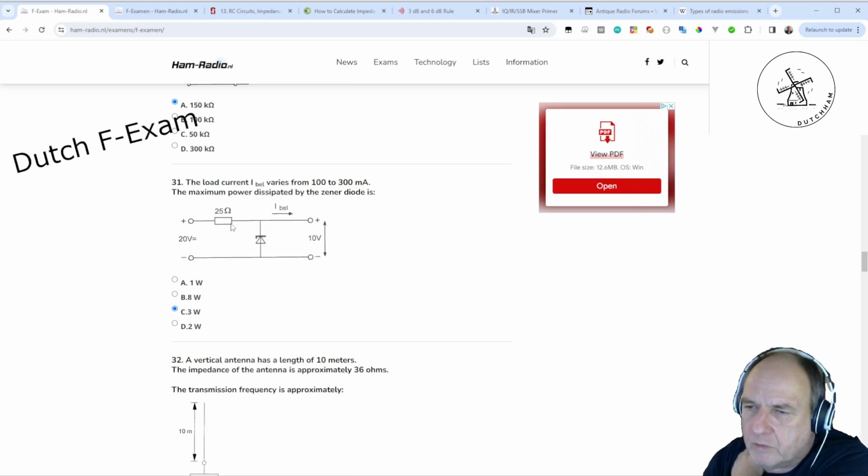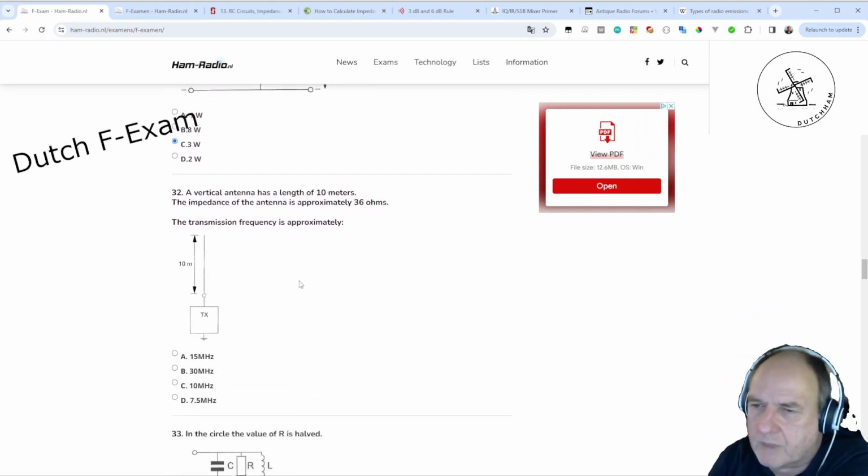So there will be 10 volts over the resistor, so that will be 400 milliamps, 100 milliamps going through the load, 300 milliamps going through the Zener diode, and then it's just simple math. 300 milliamps times the voltage, 10 volts, will be 3 watts.